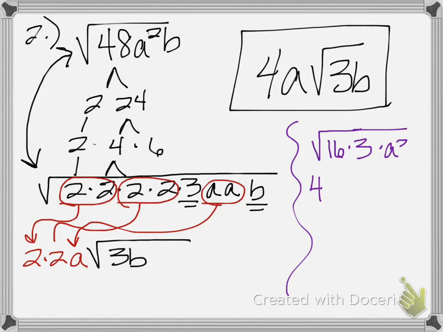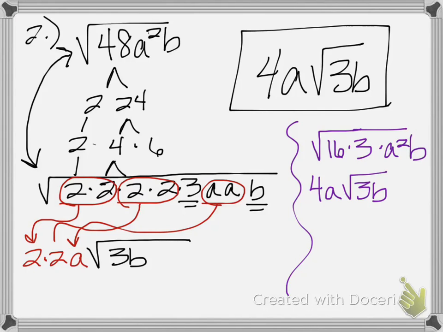We have a squared b. All even exponents are perfect squares, because a squared is a times a, so the square root of a squared is a. And then I still have the square root of 3b. So I would still arrive at the same answer, maybe a little bit quicker.